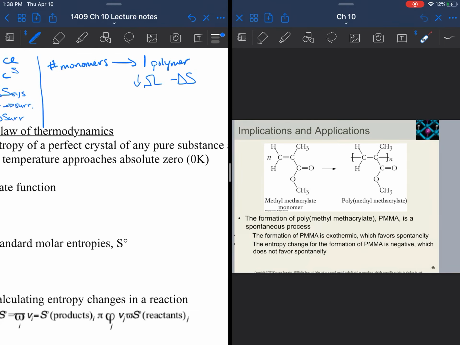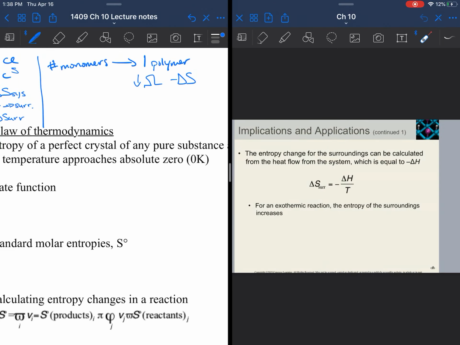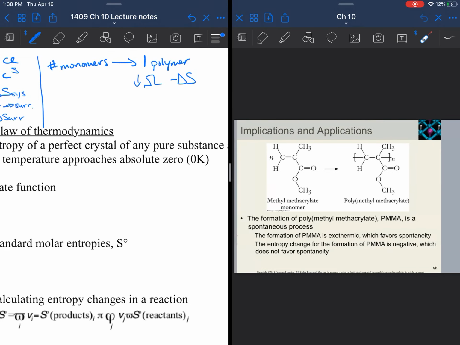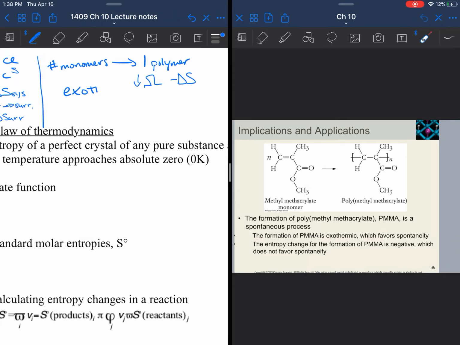So what you're going to see here on this slide, and which is hopefully going to be apparent to you, is it's exothermic. So it can be balanced by this release of energy into the surroundings. So you wind up having that negative delta H that's going to balance out that negative delta S. Okay, so that favors spontaneity, but we're going to come back to that.